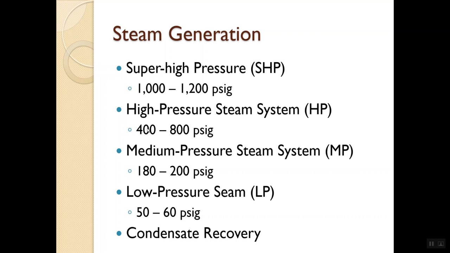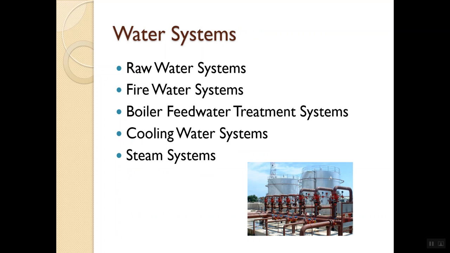There's a gap between 200 and 400. The steam that we're going to see in the labs today is actually 150, so it's somewhere in between the medium and low pressure steam category. These are just general terms for what they use all throughout different refining and chemical processing.